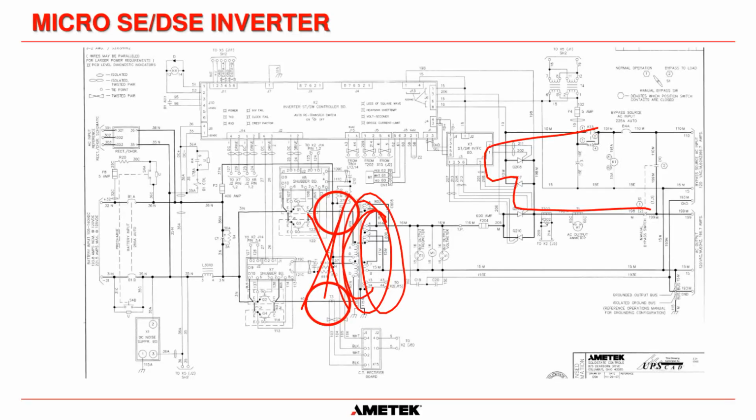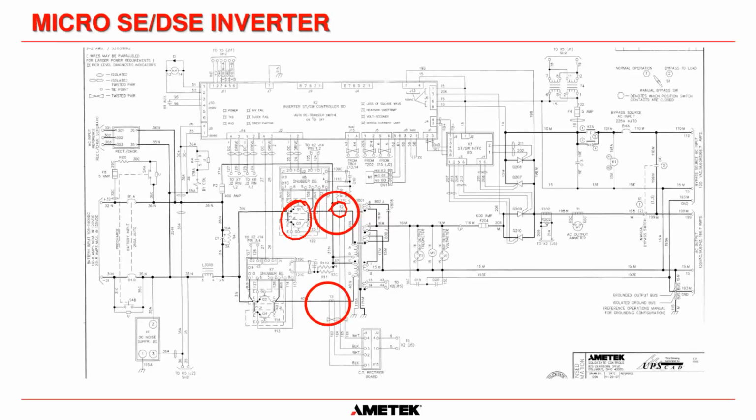So your load circuits are not going to see any interruption whatsoever. That's what these CTs are for: they protect the IGBTs from destroying themselves.